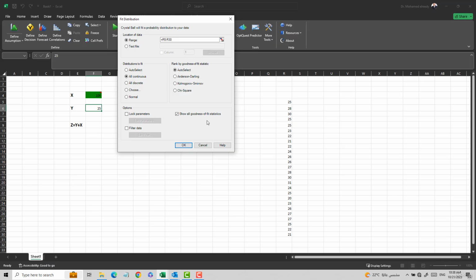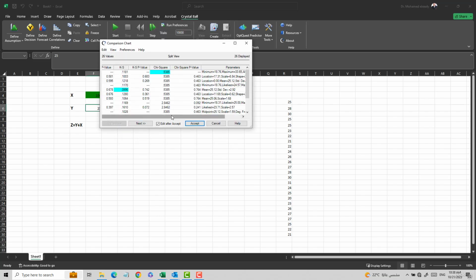We have many types of analysis that we discussed before: Anderson-Darling, Kolmogorov-Smirnov, chi-square methods. They define for every distribution the best fit by using these criteria. Okay, here is the data.